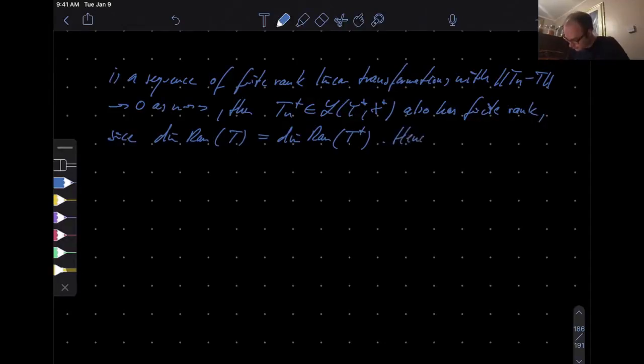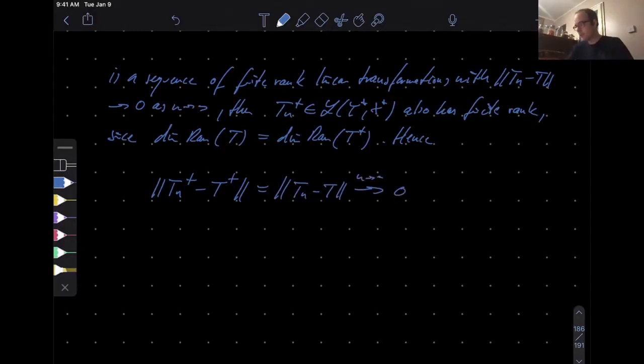Hence, what we have is that Tn, the dual sequence, remember the map that sends a linear transformation to its dual, it's an isometry, so that means this is true, and henceforth this goes to 0, right?